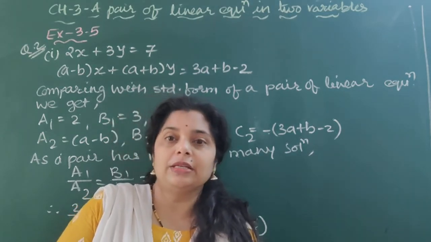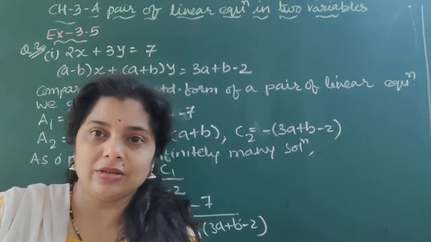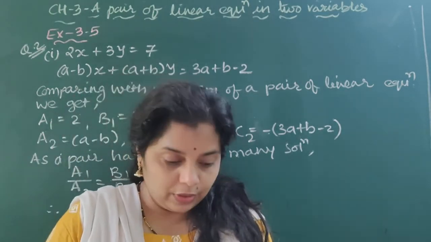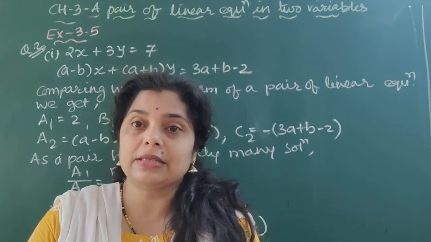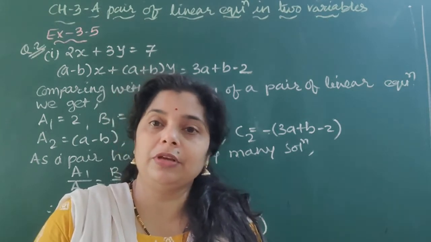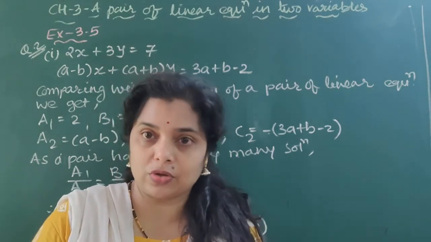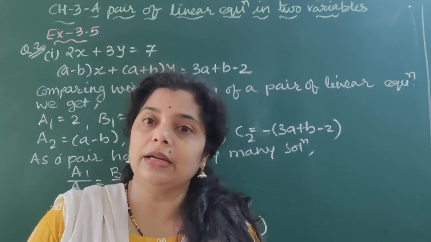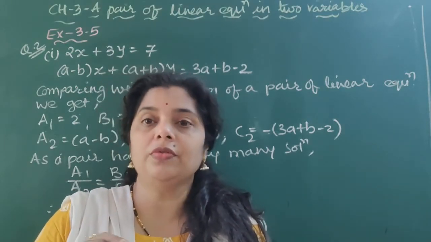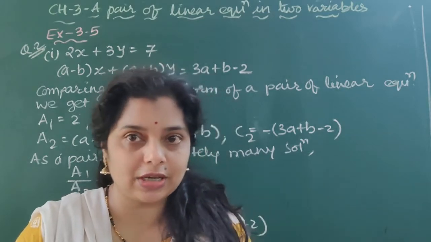So here there is a slight change in the question. In the last lecture, the sums we have done were based totally on the cross multiplication method, in which the linear equations along with the coefficients are given.